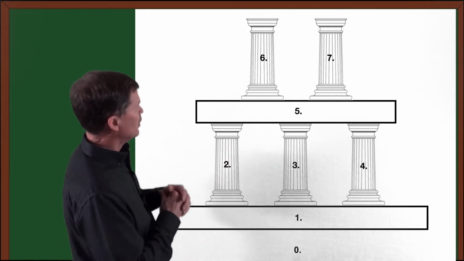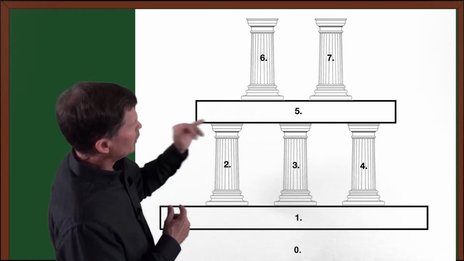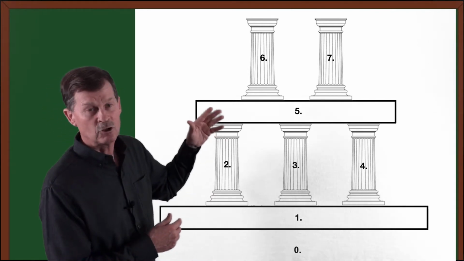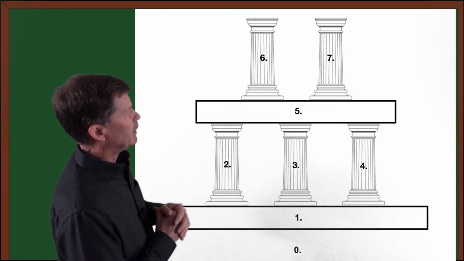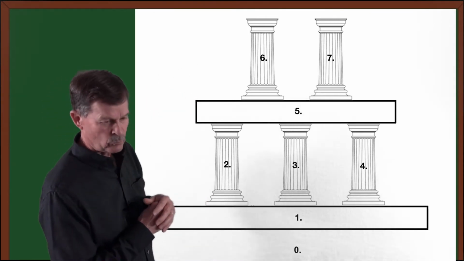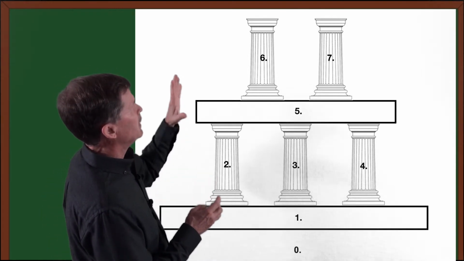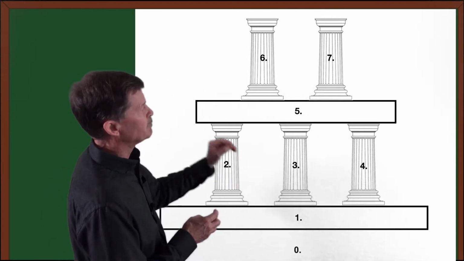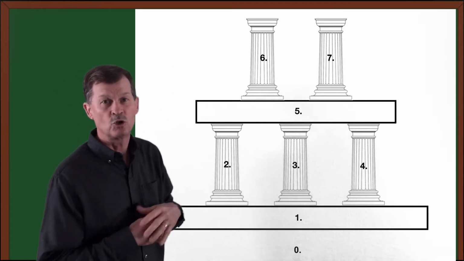There are three columns: creation perfect and complete, creation fallen and cursed, creation judged. Then the floor, creation condemned. The first column is creation and the cross, and how Christ came to pay that price of redemption to redeem a creation that was corrupted.